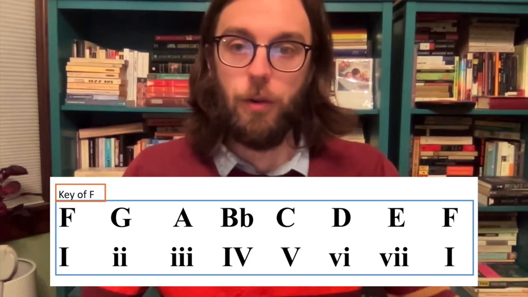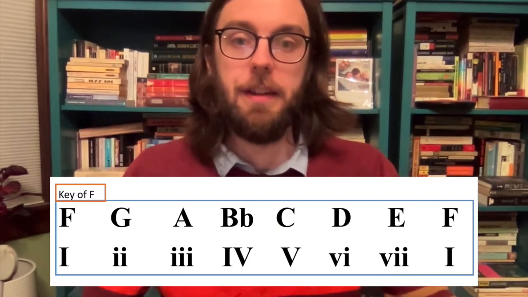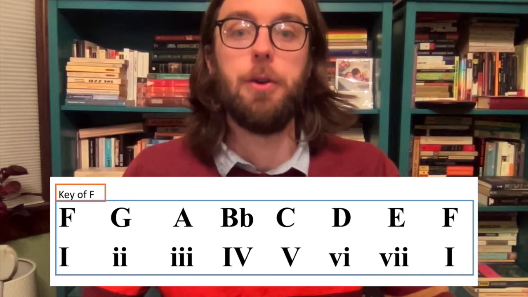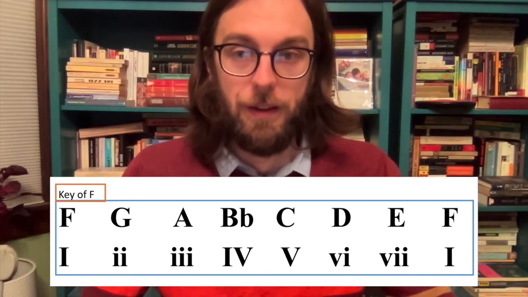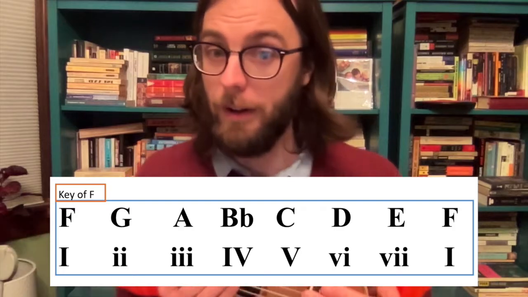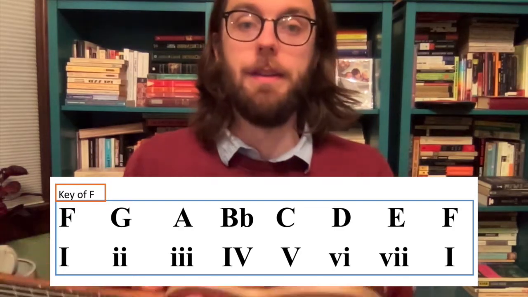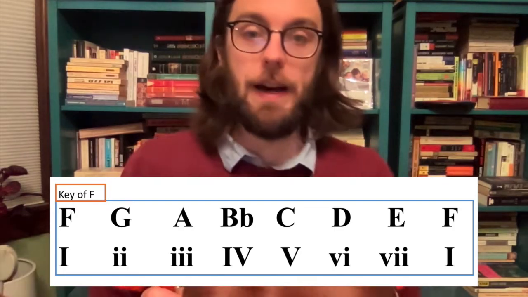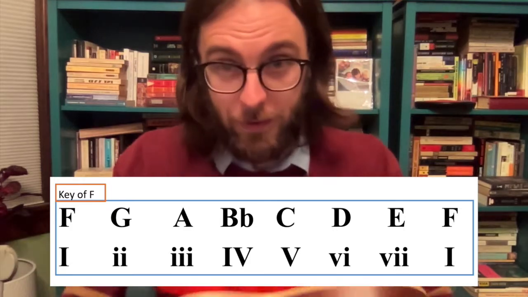So each of those steps in the scale has a corresponding chord to it that it's built off of. And the most important ones are the 1, the 4, the 5, and the 6. So that's that in those keys.